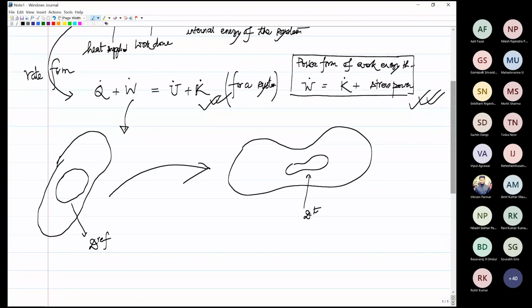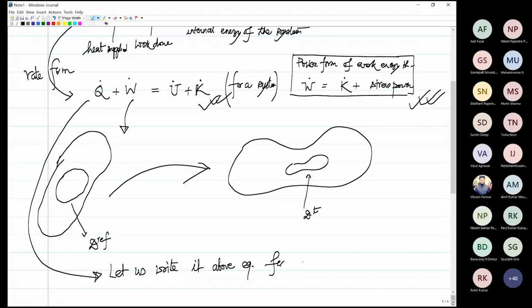We have to now write the above equation for dt, and it has to hold for any part of the body, because any part of the body is also very much like a system. If you are following the particles going from the reference region to dt, then it's very much like a system.